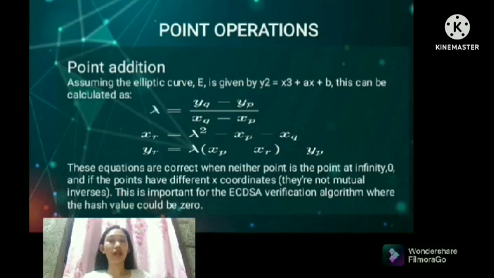These equations are correct when neither point is the point at infinity 0, and if the points have different x coordinates, so they are not mutual inverses.